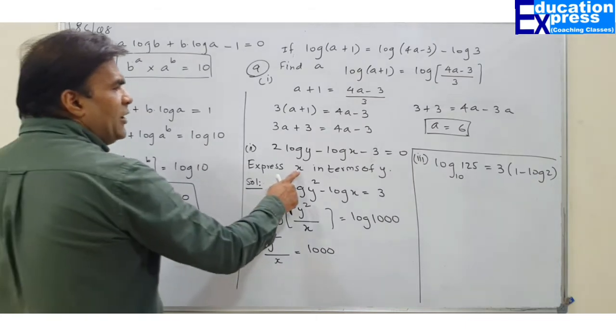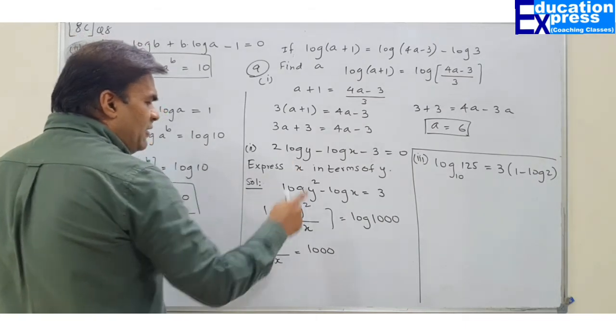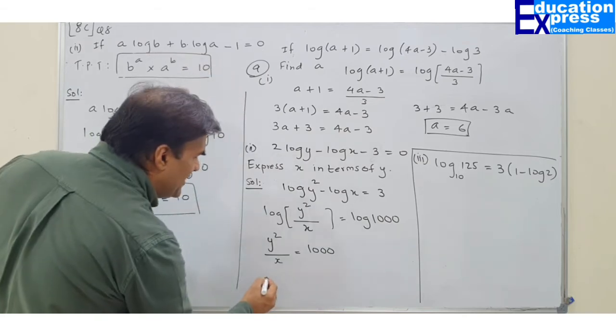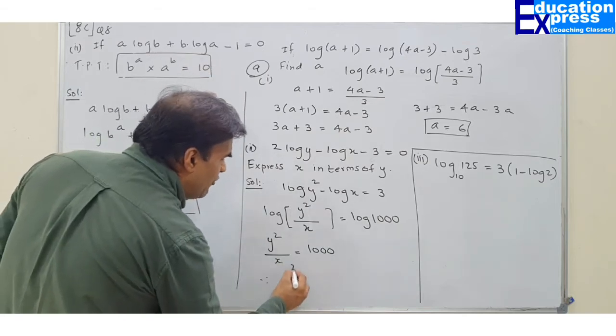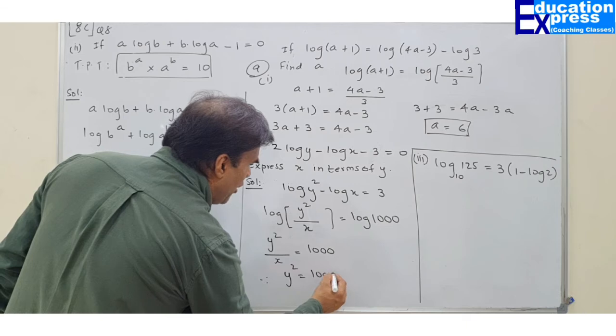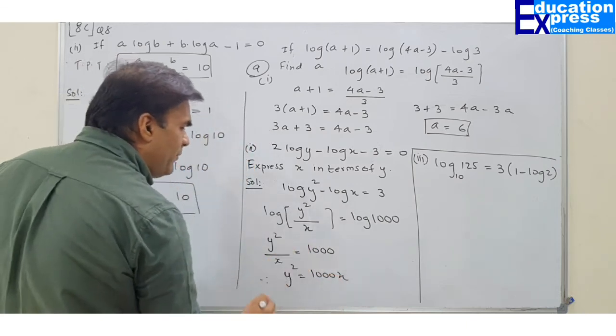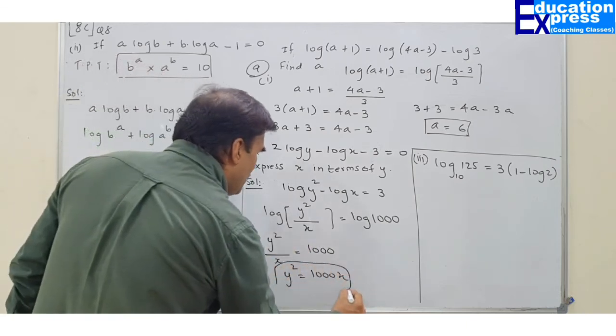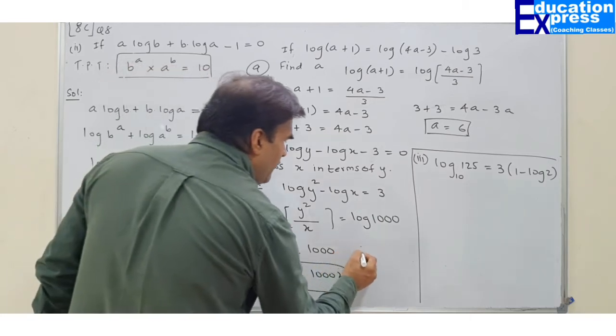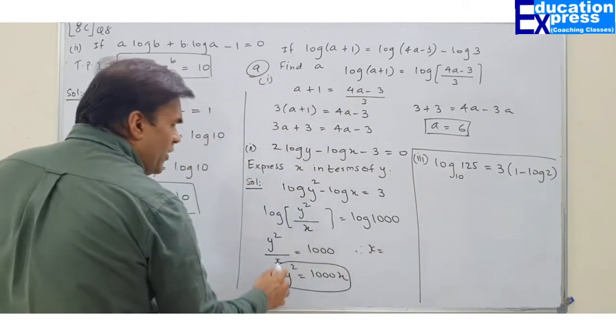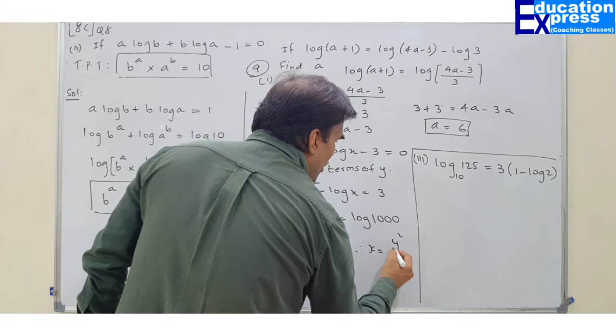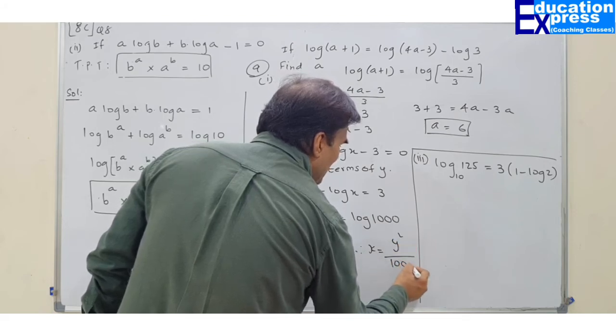We have to find the value of x. Therefore, y square equals 1000x. Therefore, x equals y square upon 1000.